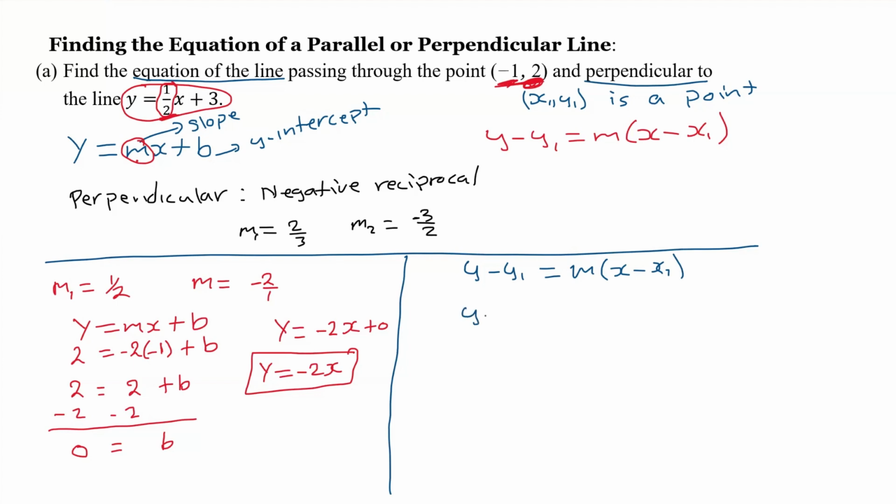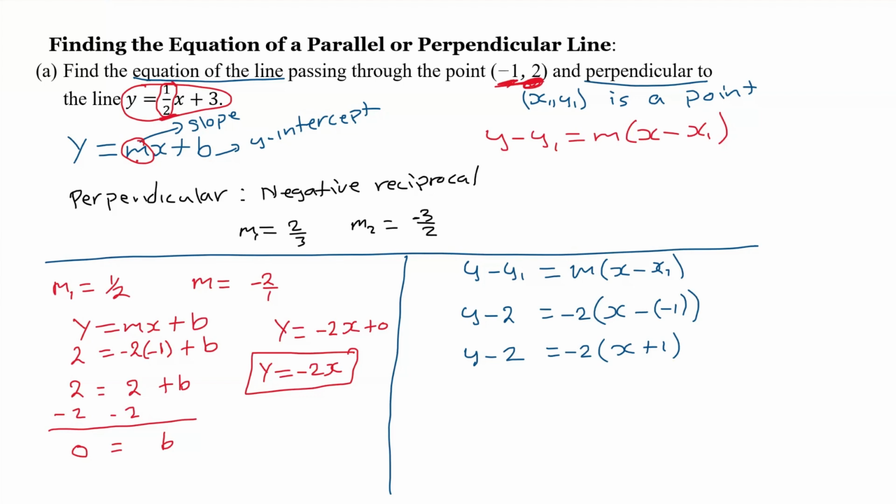So we keep y, we minus the y value, which is 2. m is -2. And x minus the x value, which is -1. So then you have y minus 2 is equal to -2 times x plus 1, double negative.